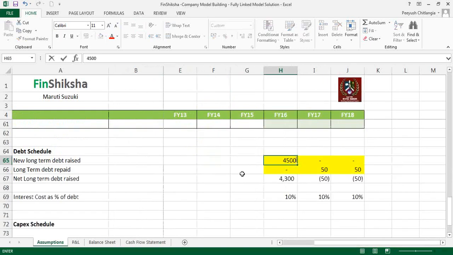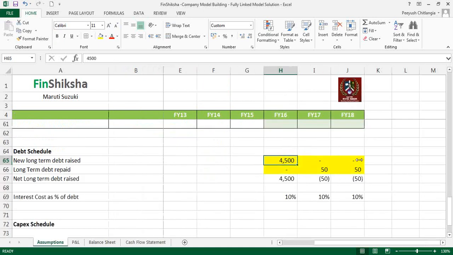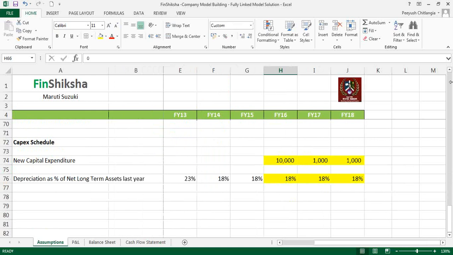Maybe 4,500 will do the task for us. So if they want to do a capex of 10,000 crore, they need a loan of around 4,500 crore to be able to do it, right? And that is where the model becomes completely dynamically linked. Now, why can't they do it without that? Is because you can't end up with a negative cash number. You need to have a certain amount of money in your bank account to be able to carry out the capex that is there, correct? That's the calculation that has happened now.